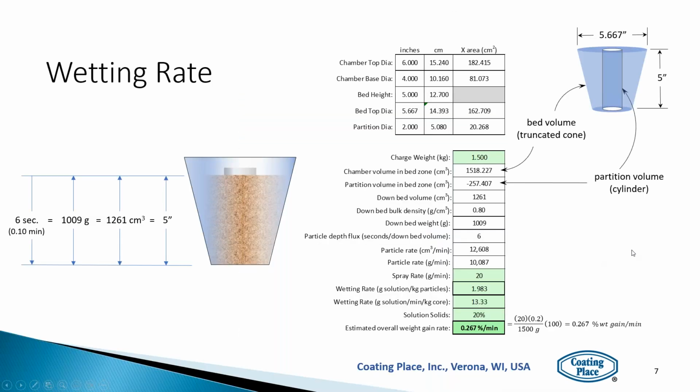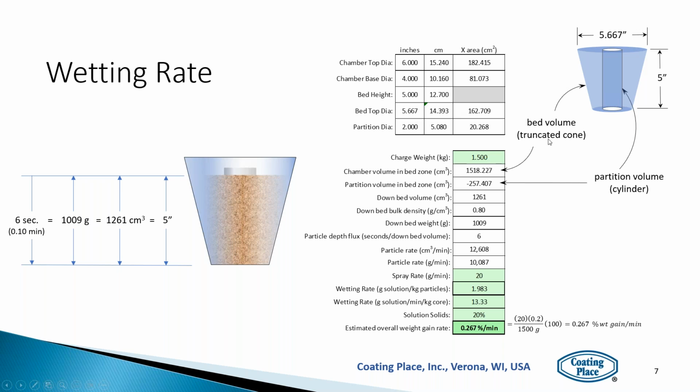Let's look at the logistics of this. We take apart this bed and we say it's 5 inches deep, and we dissect that. So the top of the chamber is 6 inches, the chamber base is 4 inches, and the bed height is about 5. That puts the top of the bed at about a 5.7 inch diameter, and the diameter of the partition in the center is 2 inches.